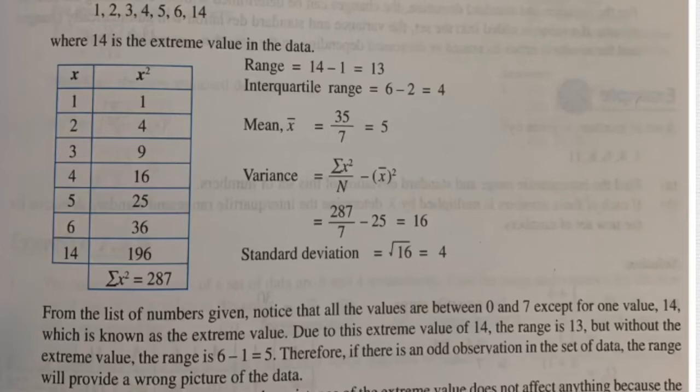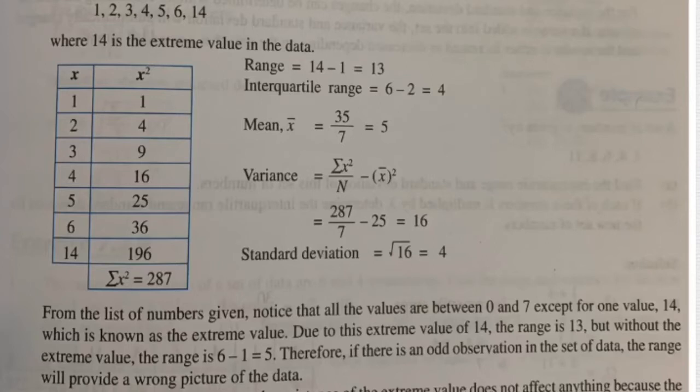From the list of numbers given, you notice that all the values are between 0 and 7, except for one value, which is 14. So 14 is known as an extreme value. Due to this extreme value of 14, the range is 13. But without the extreme value, the range is 6 minus 1, which is 5.